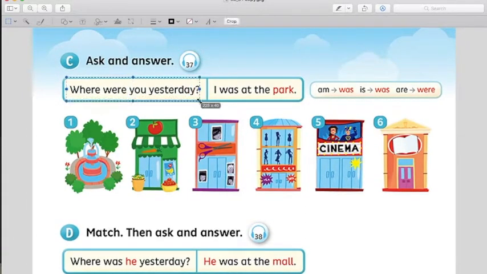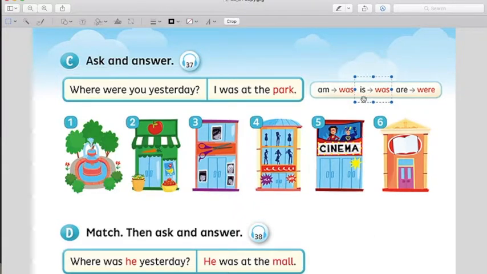The question says, where were you yesterday? The word yesterday is the day before today. So if today is Wednesday, yesterday was, you see how I change it to was because yesterday already passed. You don't say yesterday is.